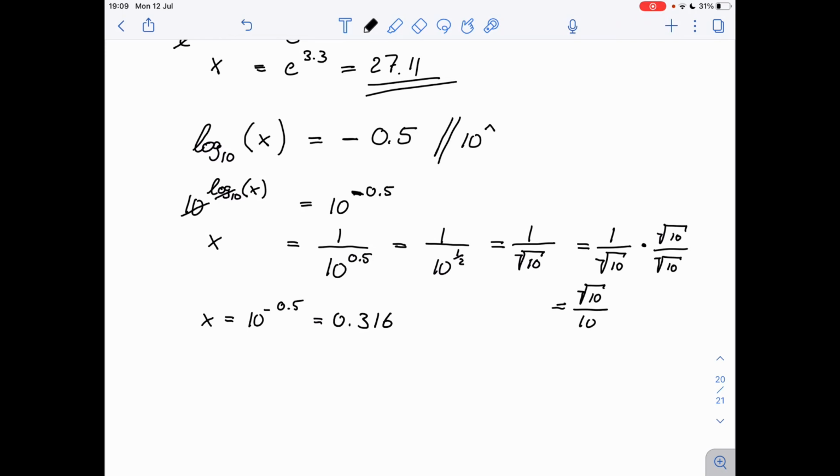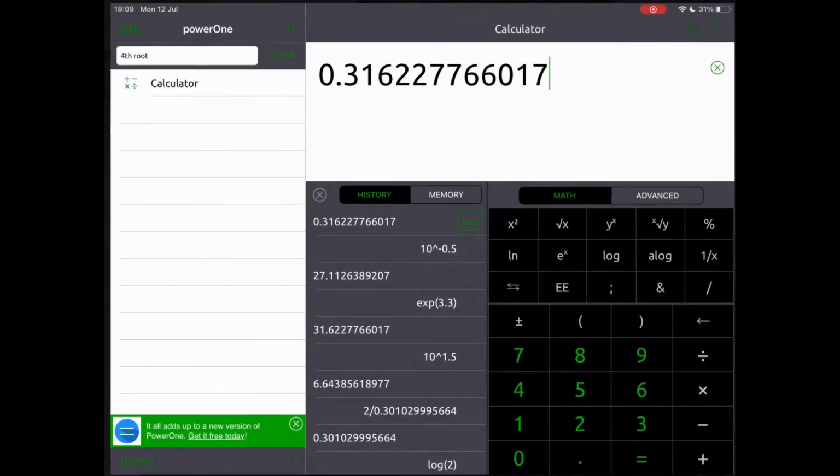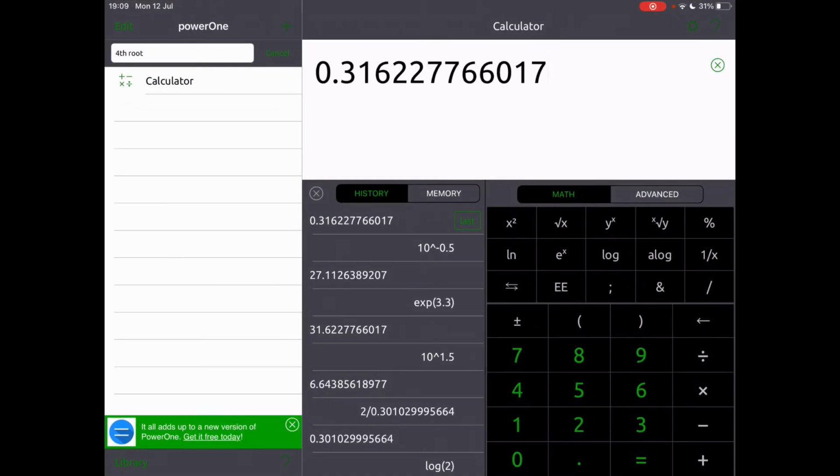Let's see if we got it right, with square root 10 divided by 10, and that gives us exactly the same number, so we have done this right.